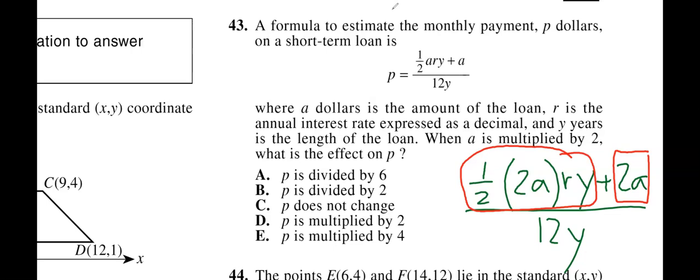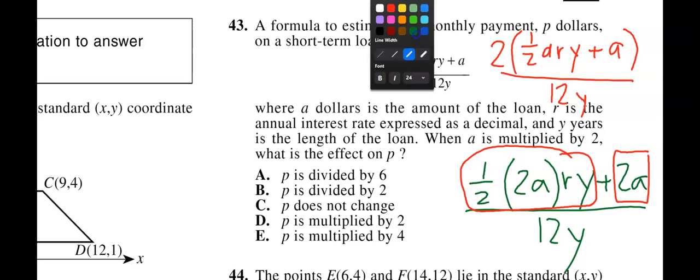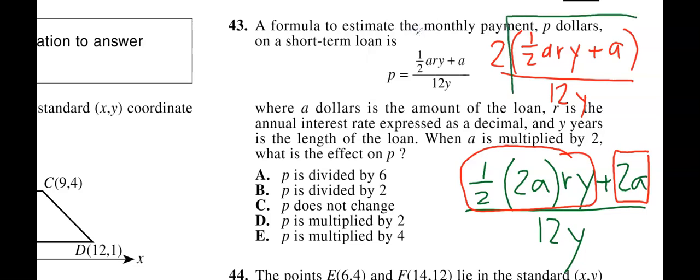If I pull that 2 out, I would have 2 times 1/2 ARY plus A, and on the bottom I would have 12Y. Can you tell me what's in the green box?